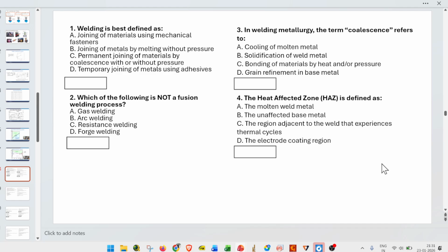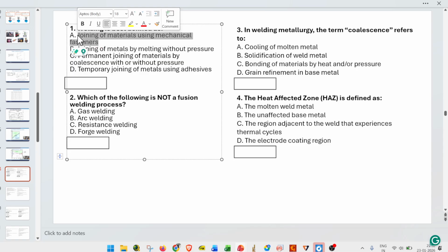So what could this one be? As we have discussed previously, welding comes under the permanent joining case. If it is temporary joining, we cannot consider it as welding, so option A, joining of the metals by using mechanical fastening, is a temporary joint and will not be considered a welding process.